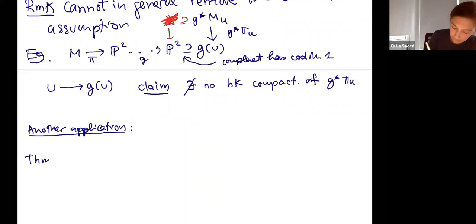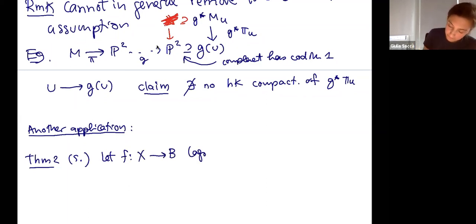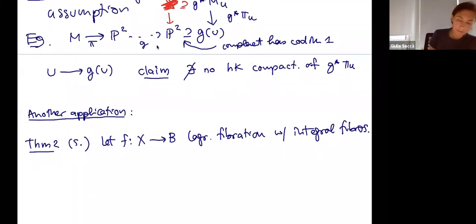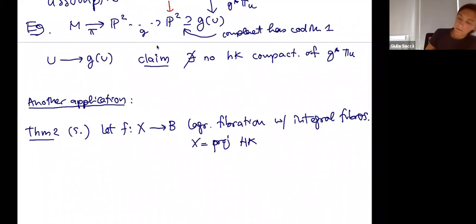Theorem 2. Let f from X to B be a Lagrangian fibration with integral fibers, and X is projective hyperkähler. Okay, I need that f is a projective morphism.